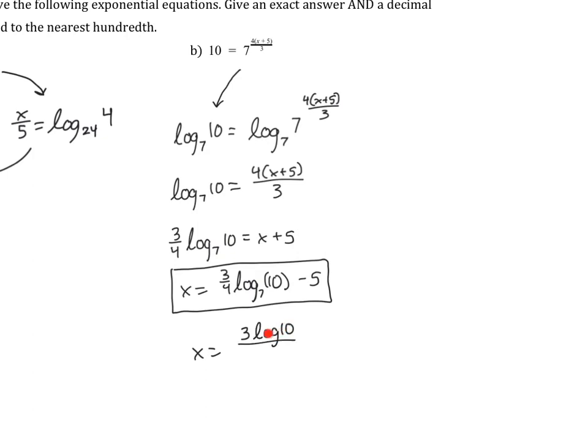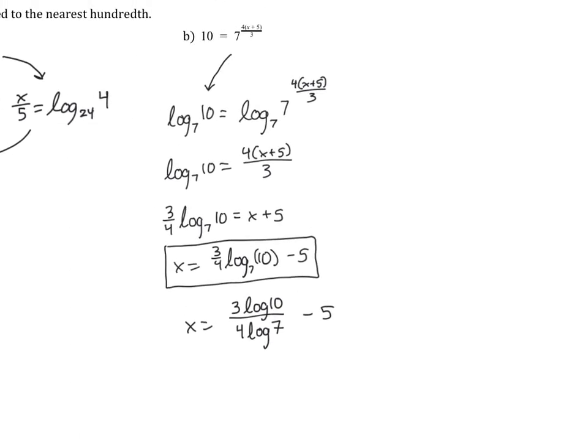And common log of 10 is 1, so that simplifies nicely. 4 is in the denominator, and then the log of 7. So log base 7 of 10 can be written as log of 10 divided by log of 7. That's our change of base formula. And then from that entire thing, we subtract 5. So go ahead and plug this into your calculator.